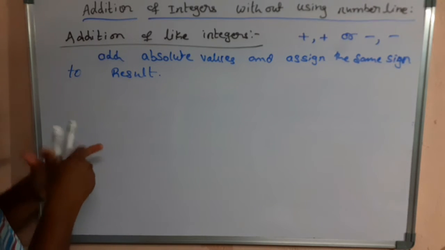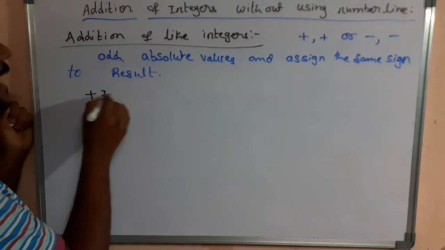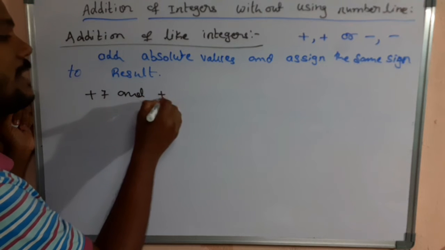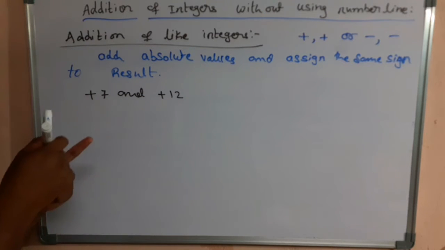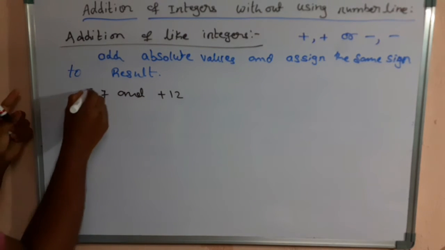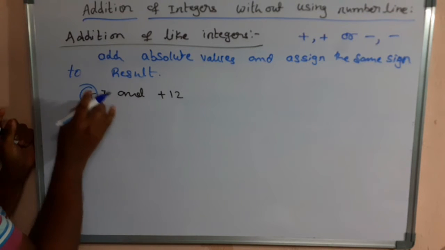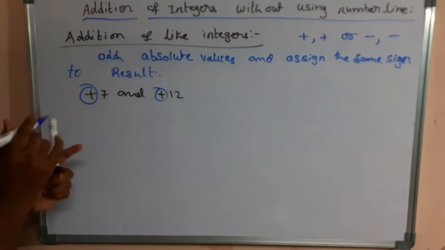Suppose you want to add +7 and +12. Are these like integers? Yes, these two are like integers, because 7 has a positive sign and 12 also has a positive sign.